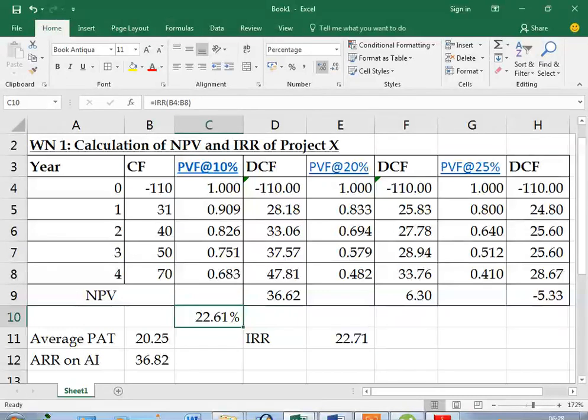The exact answer is 22.61. We are getting 22.71. Okay, broadly we are there. If you had not done that 2/3 part, maybe we would have increased by 5%, 5%. So that at least gives us a more or less closer answer. That formula would have given an answer of 24%, and the final answer turned out to be 22.71.